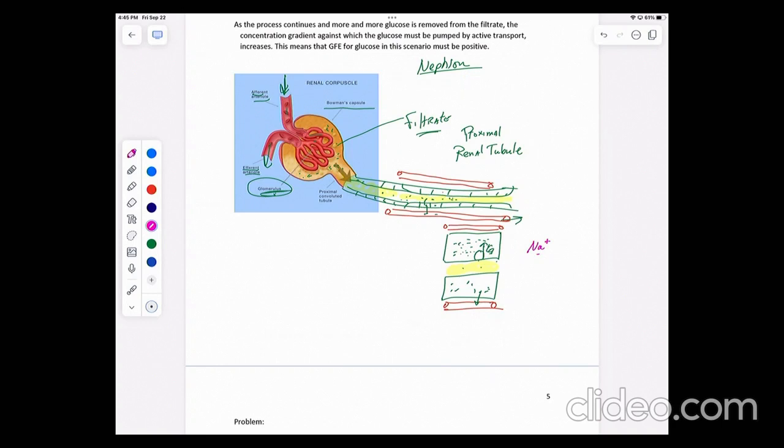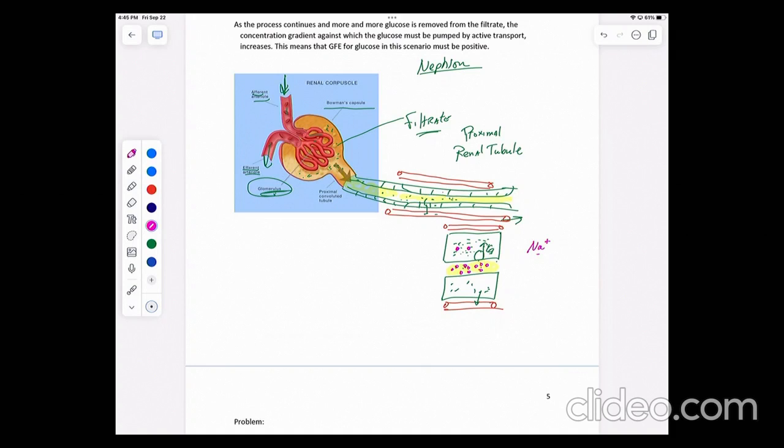So if the filtrate is just plasma, and let me go ahead and change this up a little bit here. Okay, we'll just stick with this. So what we got here is sodium, and I got lots and lots and lots of sodium in the filtrate, and I just got maybe a little bit of sodium inside the cell there.